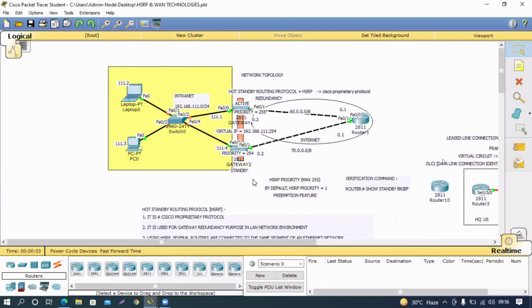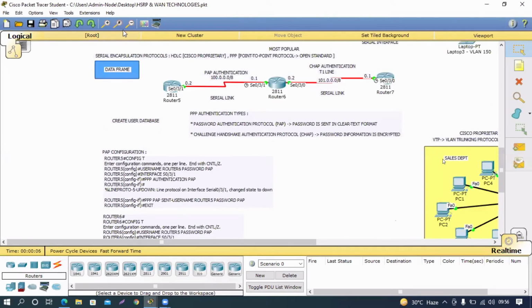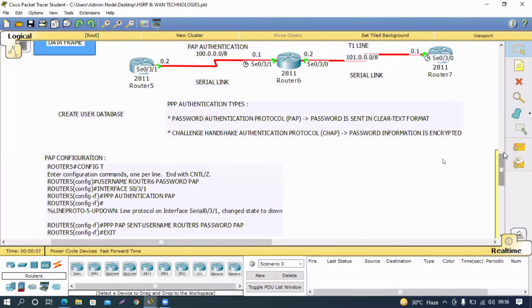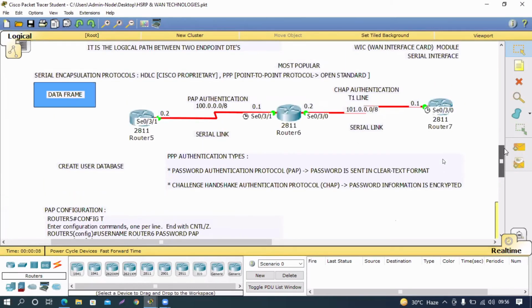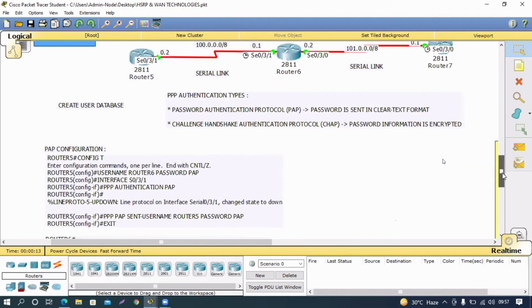Take this screenshot. This is your wide area network technologies. Taken, sir. Take this part.